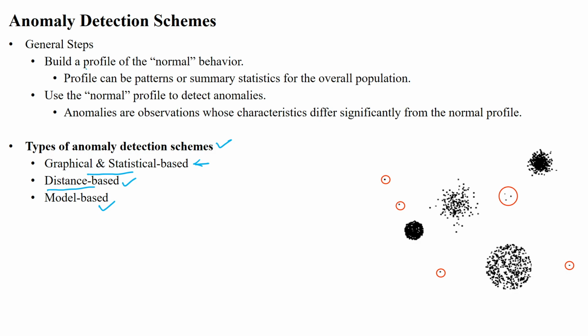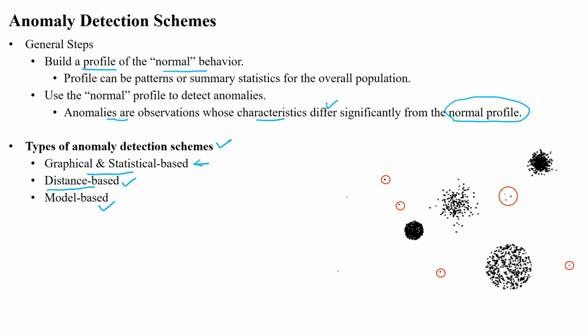For that we have to build the profile for normal behavior, the pattern which is related to the normal data point. Then based upon that we can find the anomalies whose characteristics differ from the normal data profile. So based upon that, we can define the anomalies.